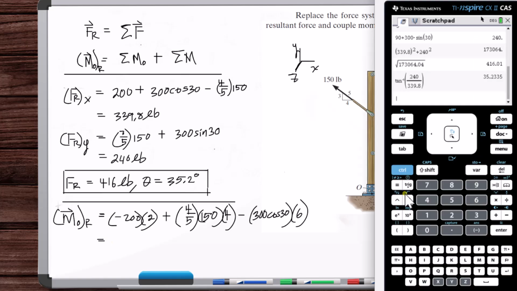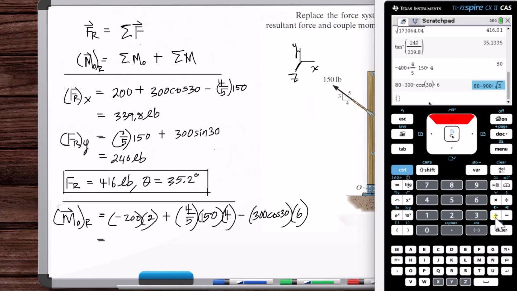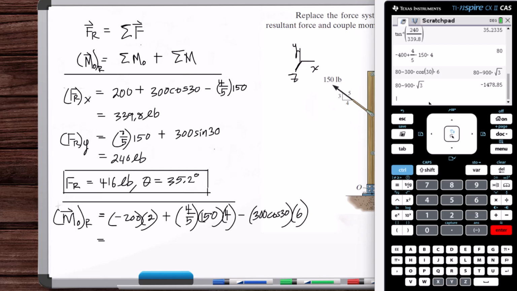Okay. So minus 400 plus 4/5 times 150 times 4 minus 300 times cosine 30 times 6. And this is minus 1,479 pound-feet. We can put that in kip-feet.